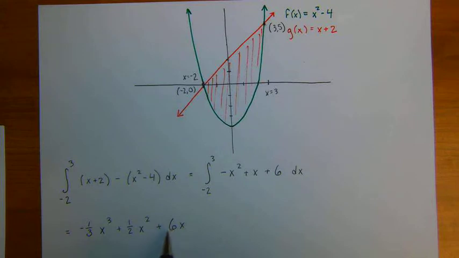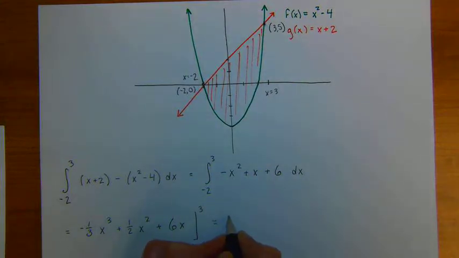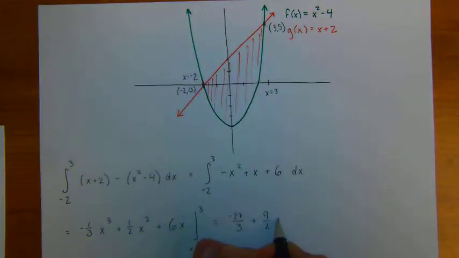The antiderivative of a constant, I'm going to multiply by x, and we evaluate this as x goes from negative 2 to 3. Inputting 3, we get negative 27 thirds plus 3 squared is 9 halves. 3 times 6 is 18.